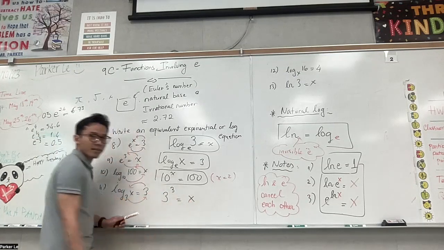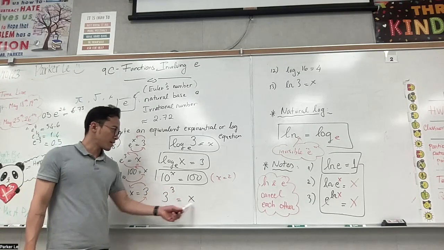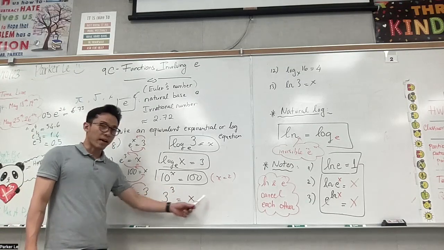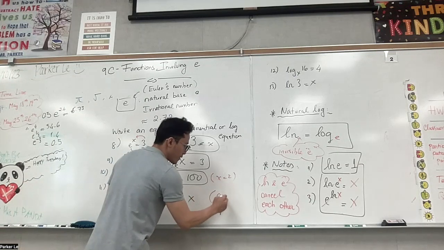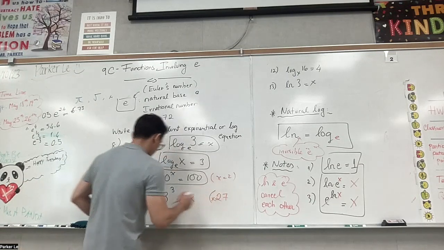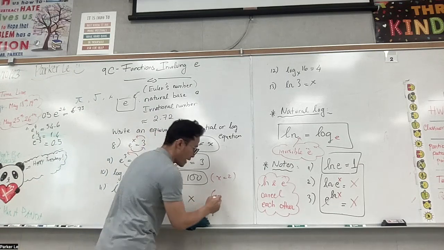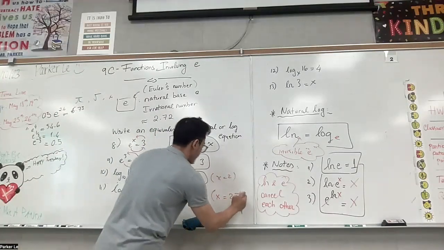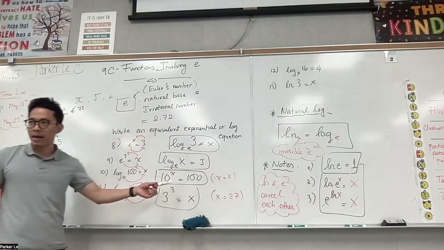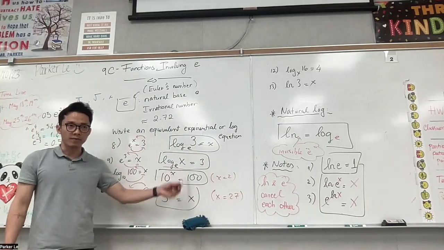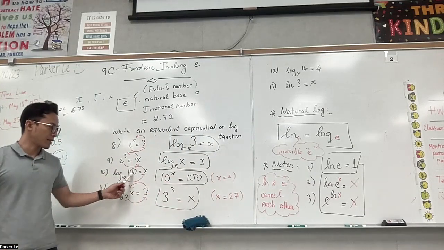Yes, right, 1 point for Yasmin. And do you know what the answer for x is here? 27. 1 point for Elizabeth and 1 point for Hayden. Did you see the benefit of converting them? Because when you convert them, you can solve this. If you don't convert them, it's hard to solve something like this.